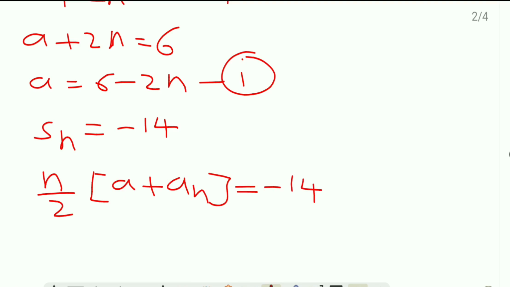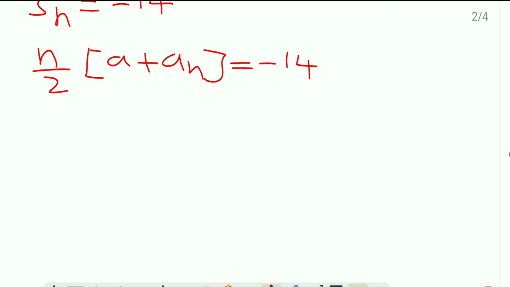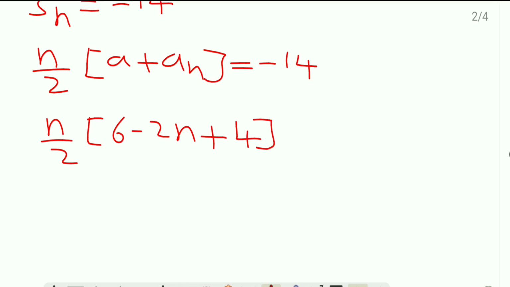Even if you use the first formula, you will still get the answer. So here the first term is already written in equation 1, that is 6 minus 2n plus the nth term which is 4, equal to minus 14.